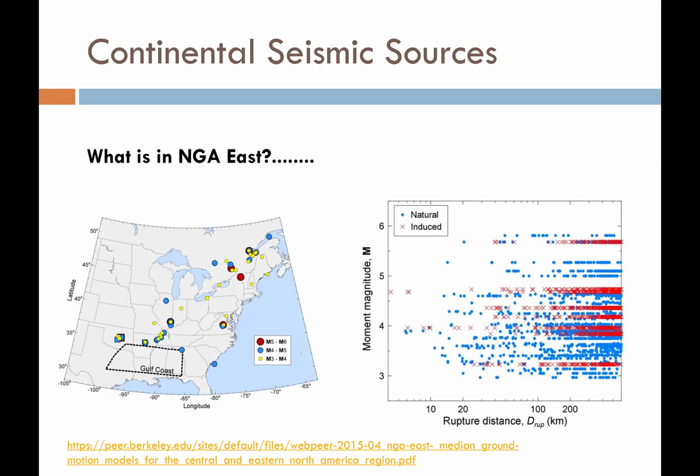To help you understand what is in NGA East, this comes from the summary report that I mentioned. So this figure on the left is a diagram of all of the earthquake events that were used to build the NGA East database. And you can see, the maximum magnitude is like a 6, but it goes all the way to magnitude 3s.